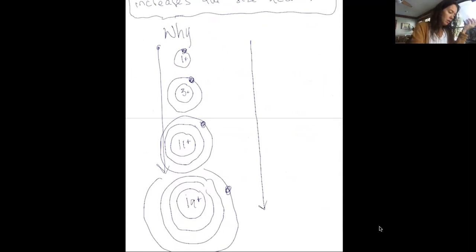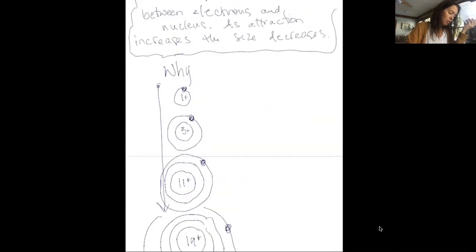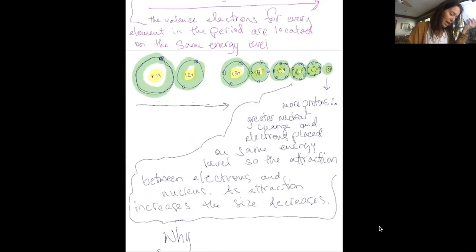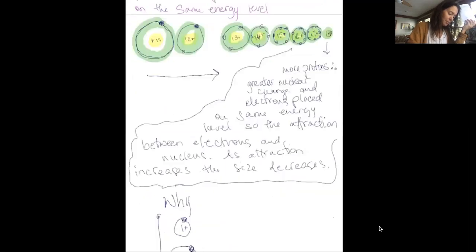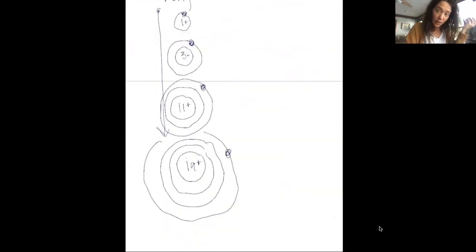Up here, we said we have a greater nuclear charge, and the electrons are being placed on the same energy level. Down here, we have a greater nuclear charge, but the electrons are not being placed on the same energy level.